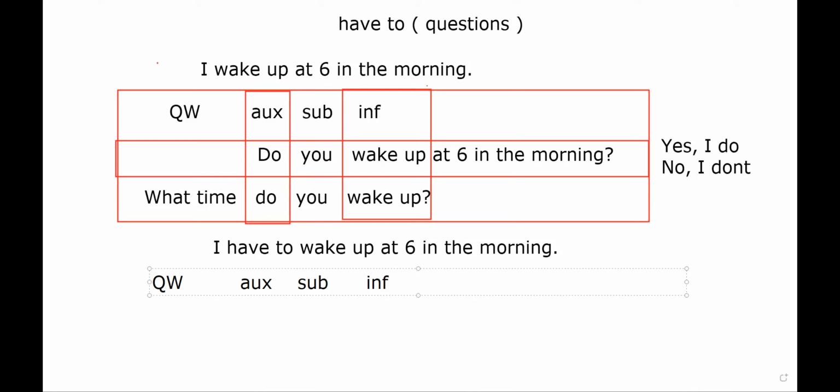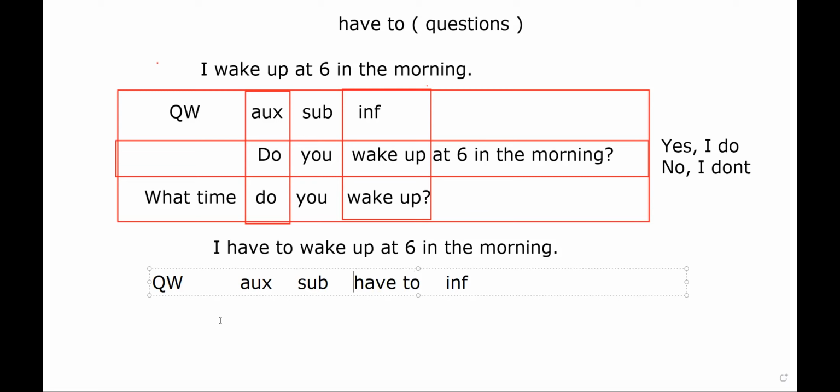When I write a question with have to, where do I put have to? Before the infinitive, it's the same. In the sentence, have to wake up, and here we say have to. I write have to plus infinitive. This will be the order of the question.